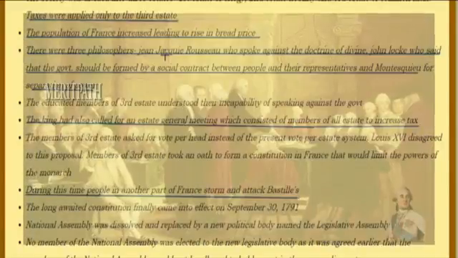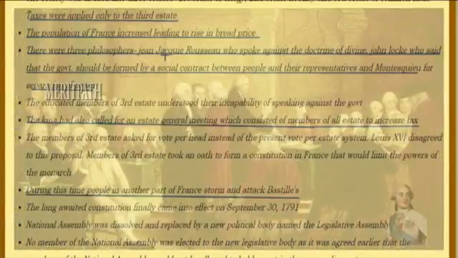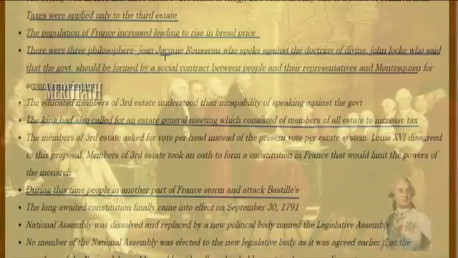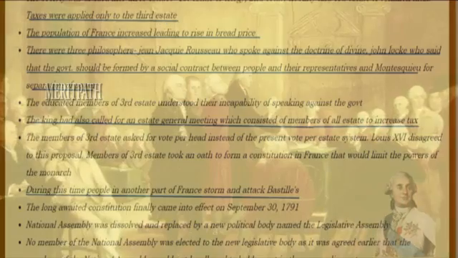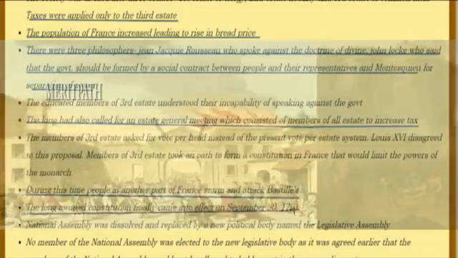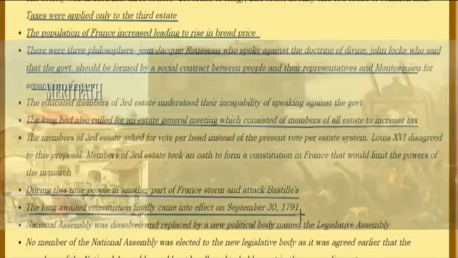Louis XVI disagreed to this proposal. Members of the Third Estate took an oath to form a constitution in France that would limit the powers of the monarch. During this time, people in other parts of France stormed and attacked the Bastille.